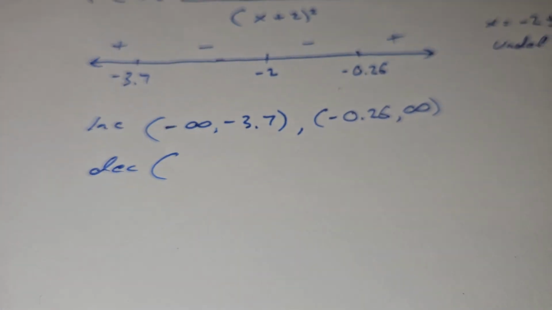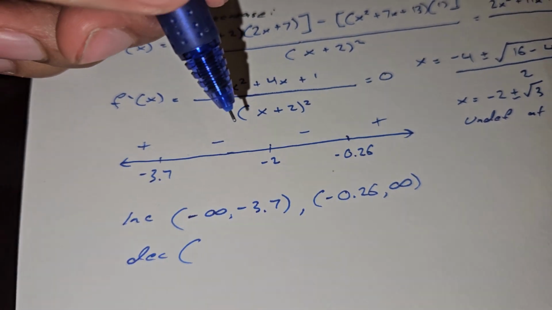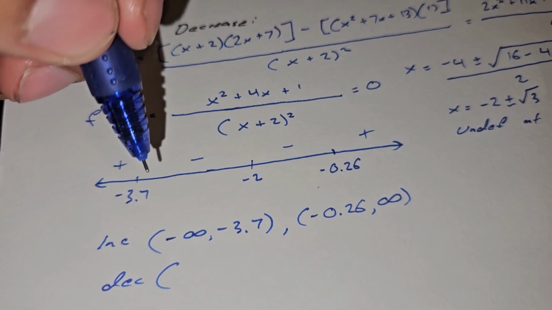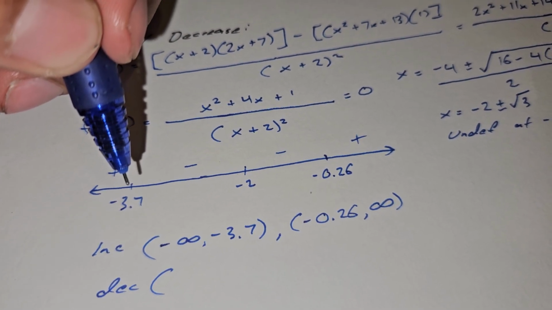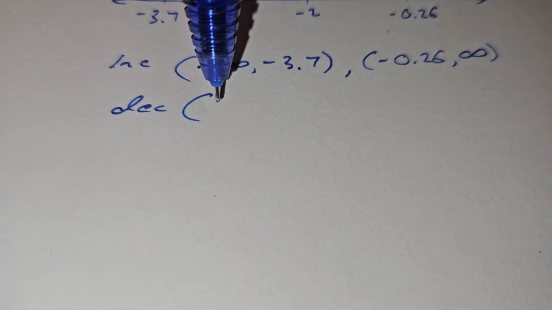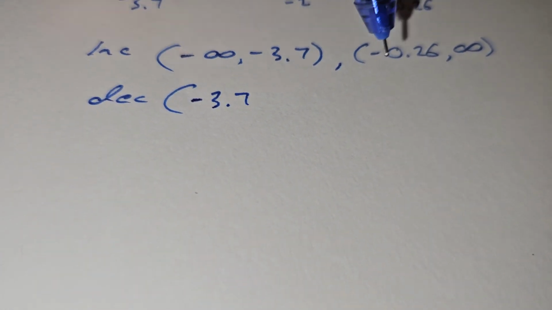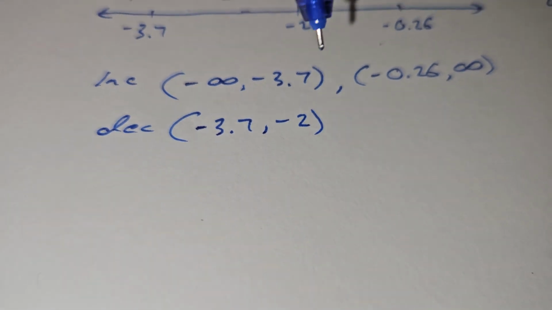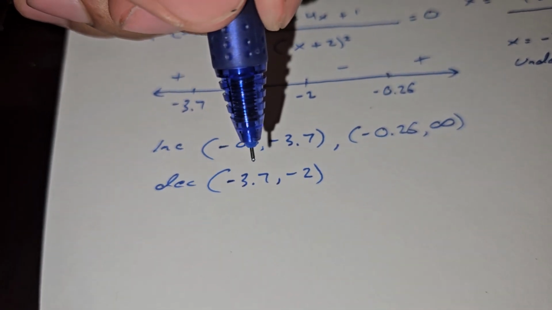Where is it decreasing? Where the derivative is negative. So it's decreasing from negative 3.7 all the way to our asymptote of negative 2. Remember, that's where the function is undefined.